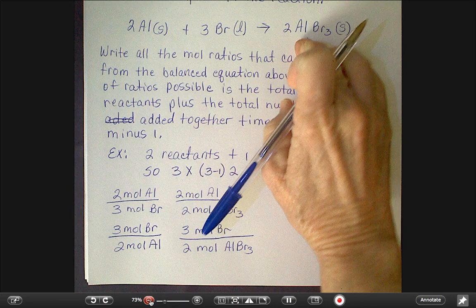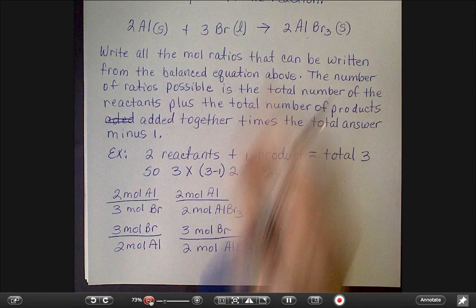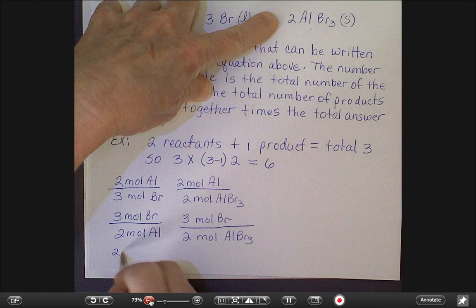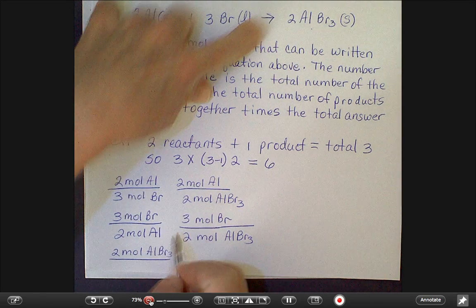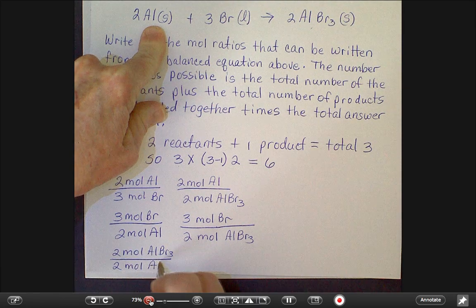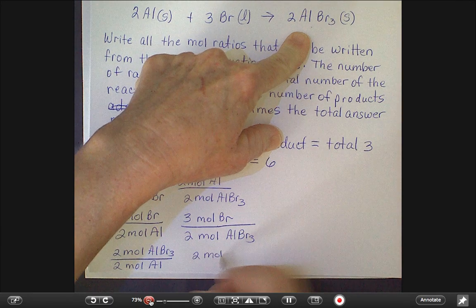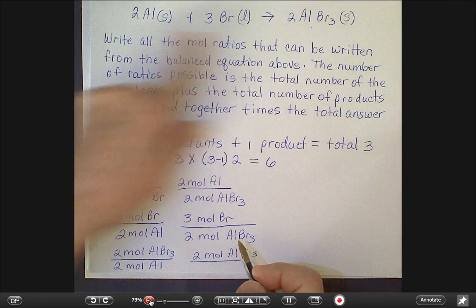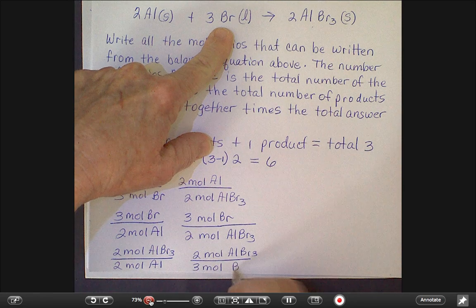Now this one is going on top to the other 2 on the left side, yes? So my last 2 are 2 mole AlBr3 to 2 mole Al and 2 mole AlBr3 to 3 mole Br.